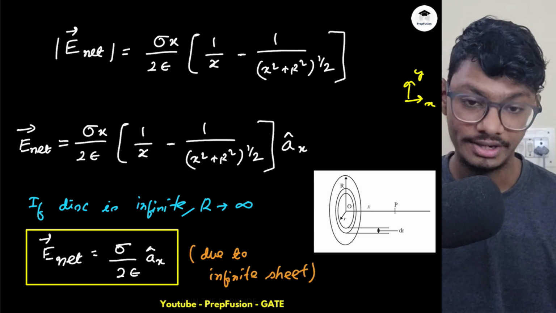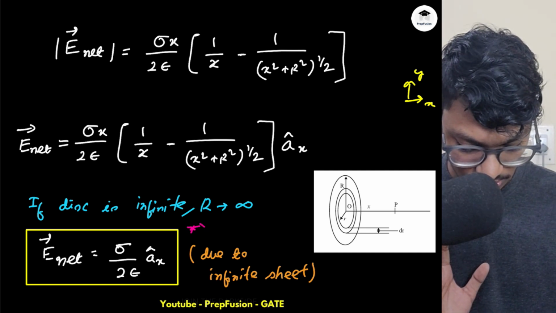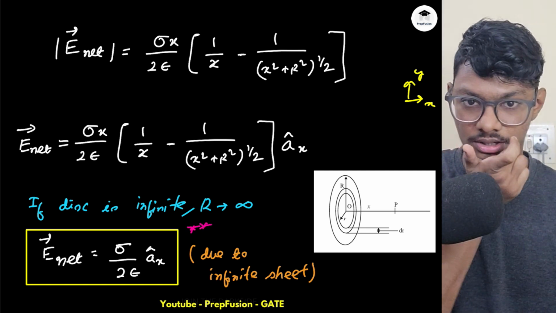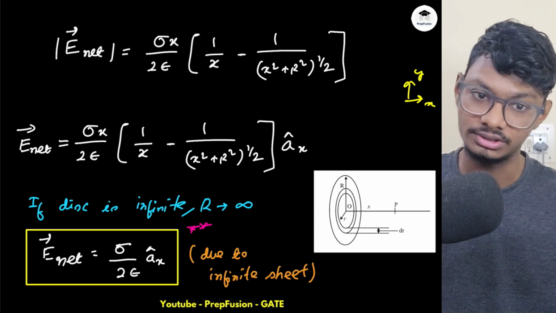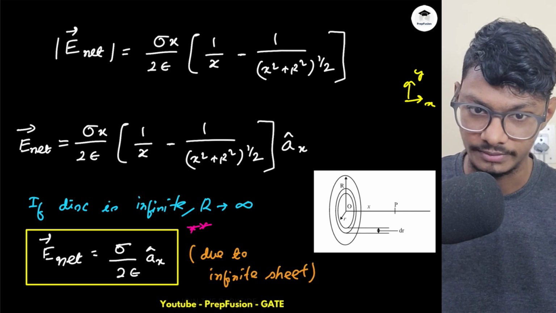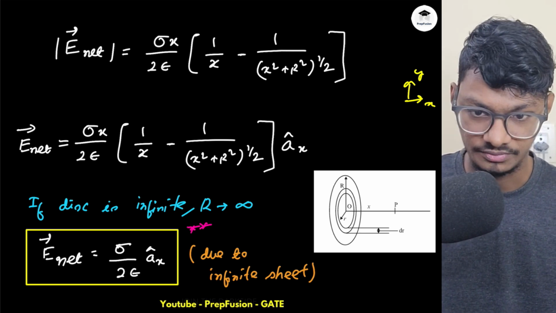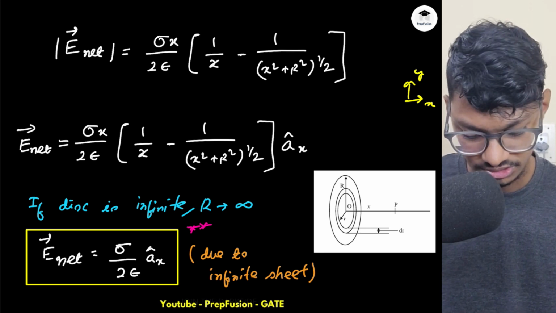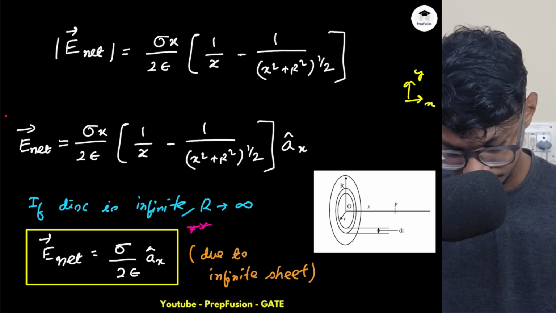You should not forget this. Sigma is the surface charge density of the disk or the infinite sheet. An infinite sheet also will give us the same expression. So that's about it on the axis of a charge, and that's how we solve this. This is pretty simple. Just remember this expression.